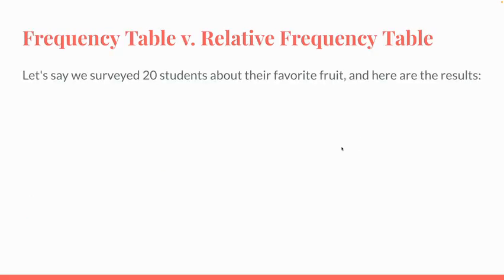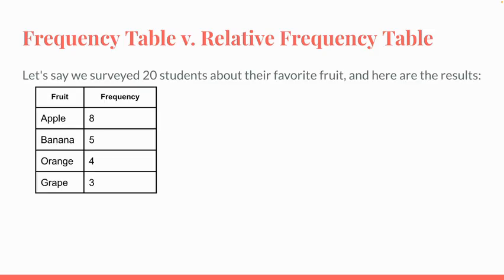Okay, frequency table versus relative frequency table. Let's say we surveyed 20 students about their favorite fruit, and here are the results. You don't have to write this down, we're just going to compare. We have apple 8, banana 5, orange 4, grape 3.